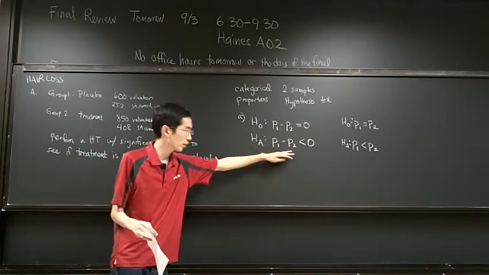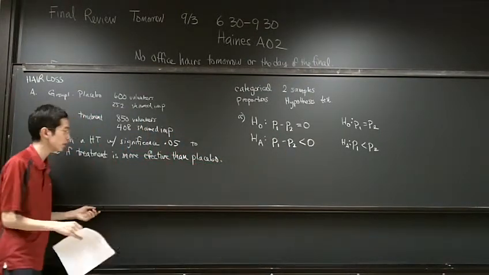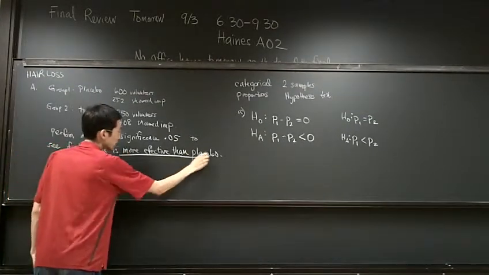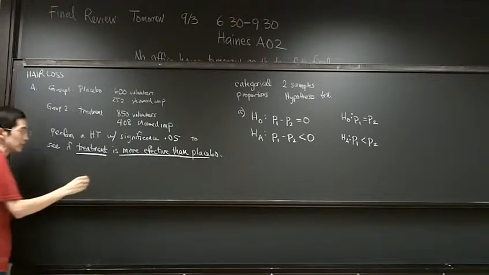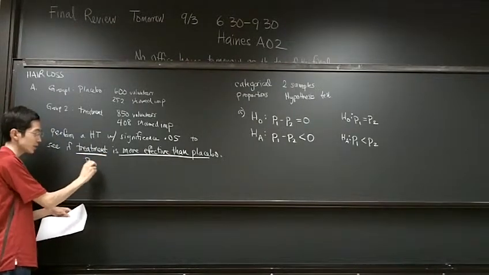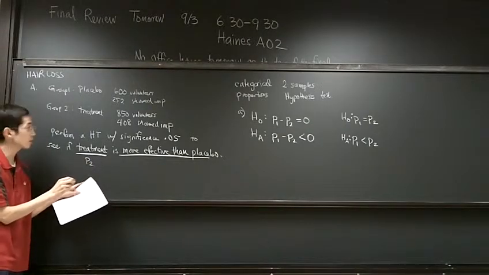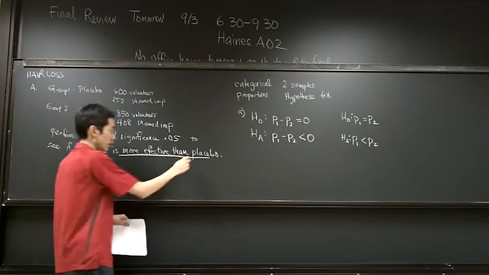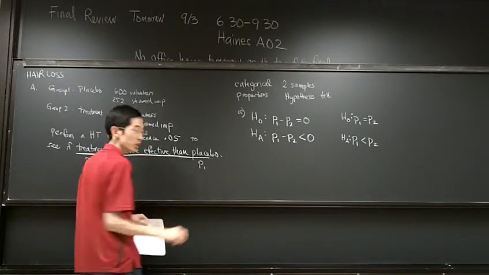So when you are writing your hypotheses, you have to read this. It says the treatment is more effective than placebo. So that means treatment is what? Treatment is represented by P2, group 2, and placebo is represented by P1.